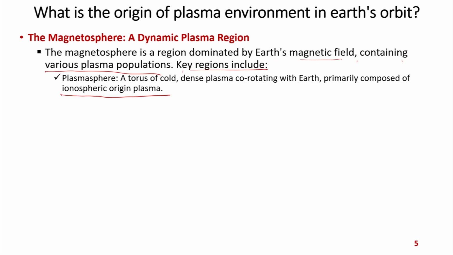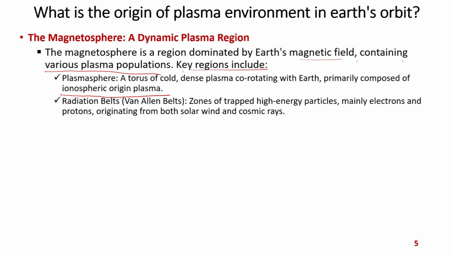It is formed because of the nature of the Earth's magnetic field. If you see, Earth's magnetic field is a dipolar magnetic field, so it forms like a torus. This is the reason the plasmasphere's geometry is like a torus.